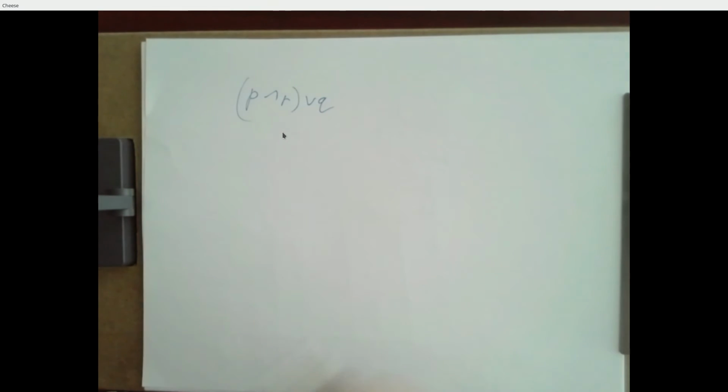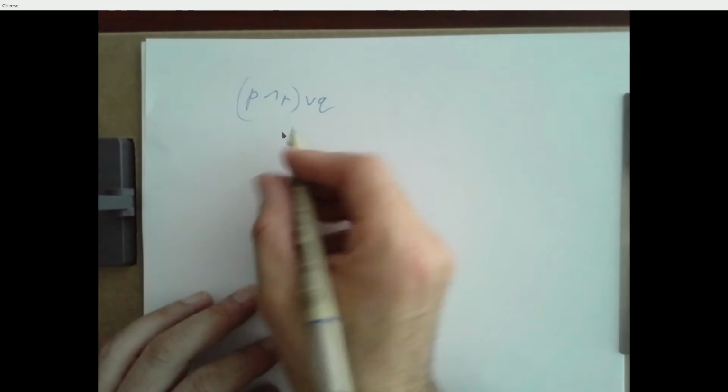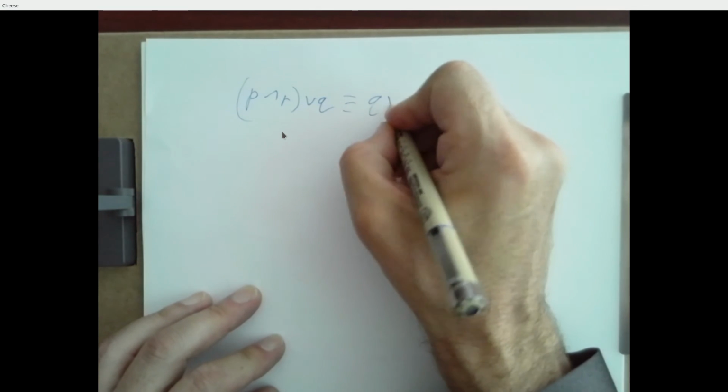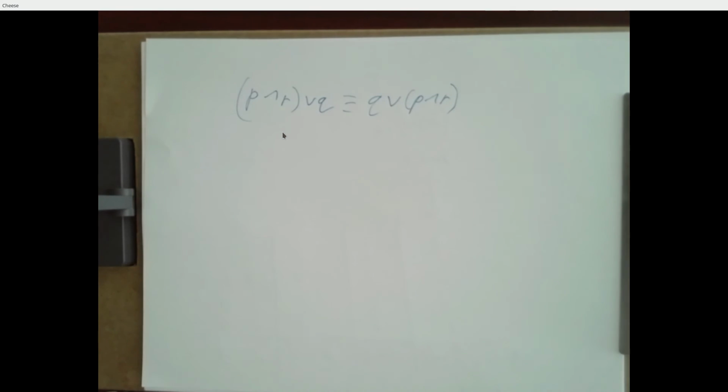And technically, if we want to be absolutely precise about this, first we would use commutativity and say this is equivalent to this. We switch around the order of these.